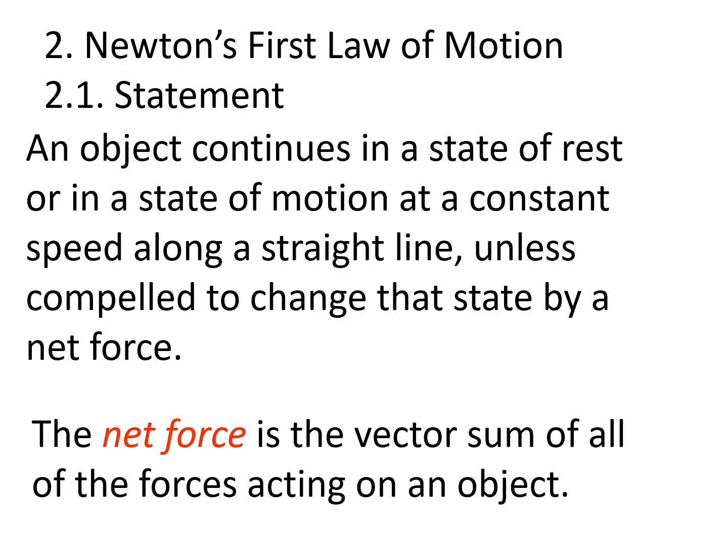Newton's first law does not say that no forces are acting; it says that the vector sum of all forces may be zero. For example, a book resting on a table experiences a downward gravitational force and an upward normal force from the table. These forces balance, so the net force is zero and the book remains at rest.